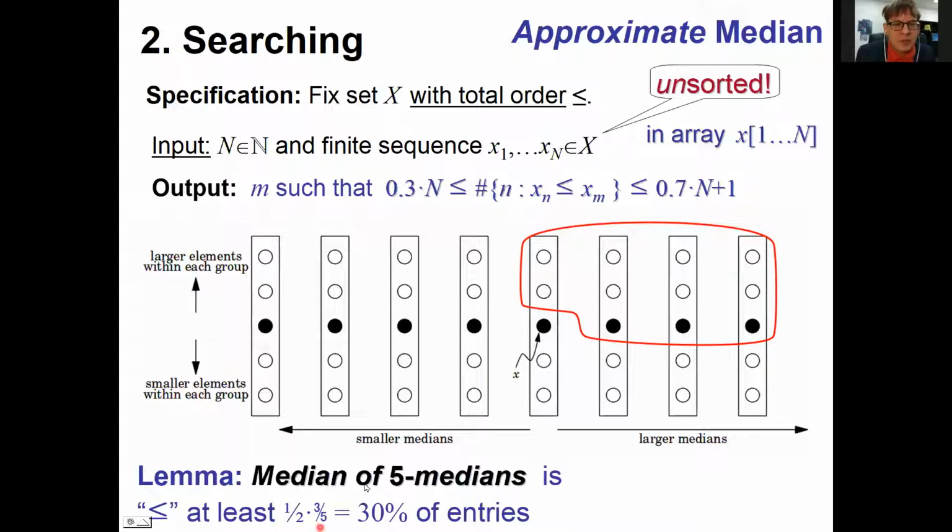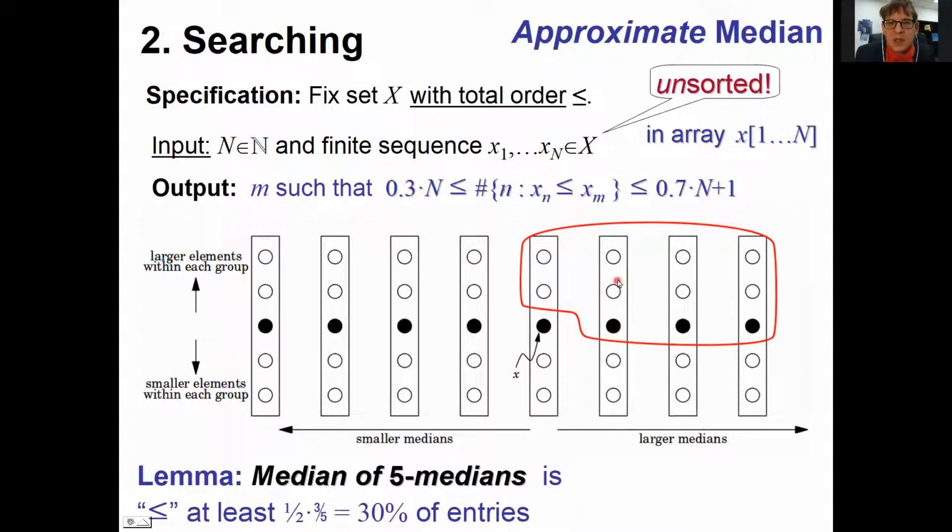Why is this true? Well, look at the elements in this red circle, right? So first, these two elements are greater or equal than the median of 5 medians, because this is a median of these 5 medians, which means that these two elements are larger or equal, and these are smaller or equal. That's a defining property of being a median of these 5 elements.